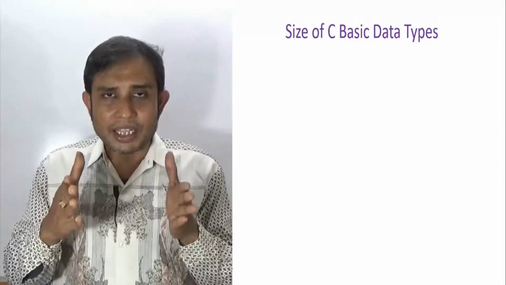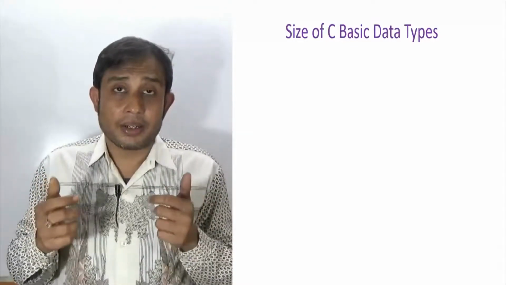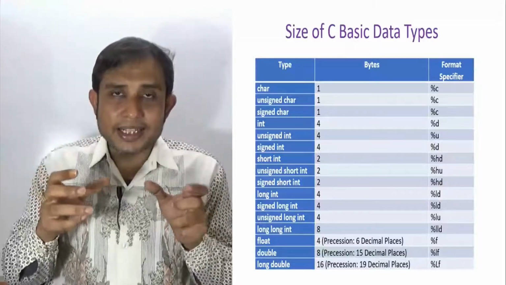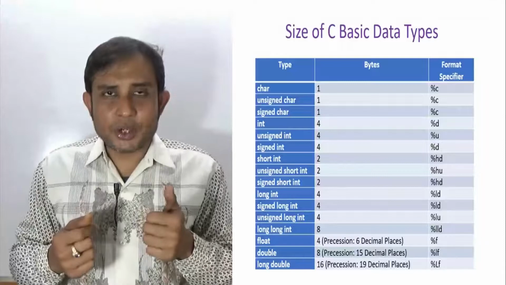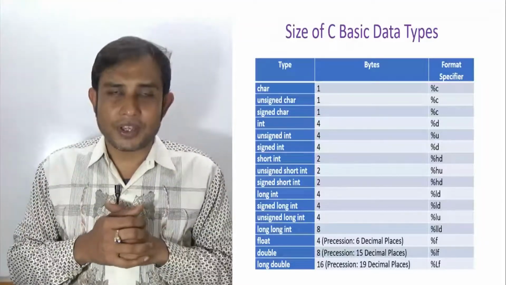So this is the basic difference between these data types according to their storing capacity, as they occupy lesser to larger amounts of memory, and the memory sizes are given in the following table.